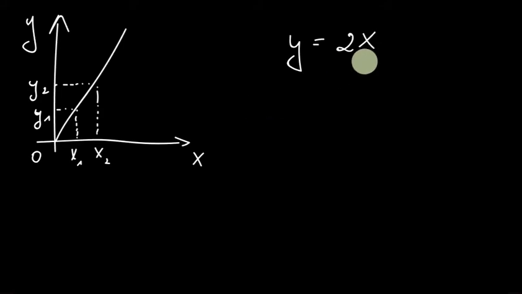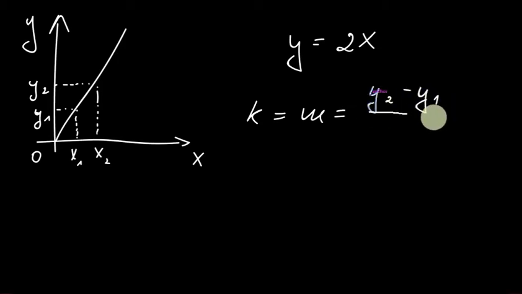To calculate slope, it's usually written as k or m, and it's calculated as y2 minus y1 divided by x2 minus x1. It can also be written simply as delta y divided by delta x.